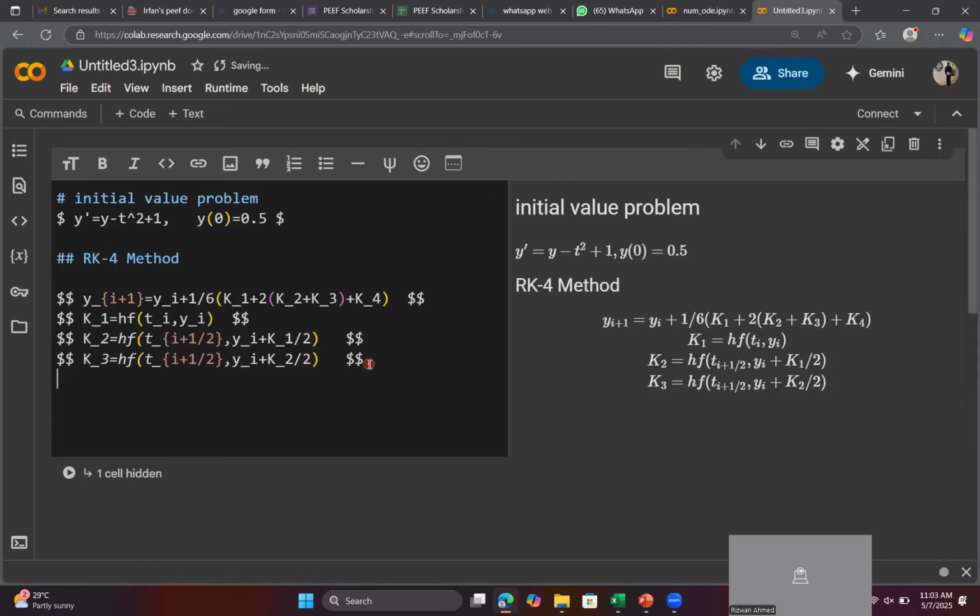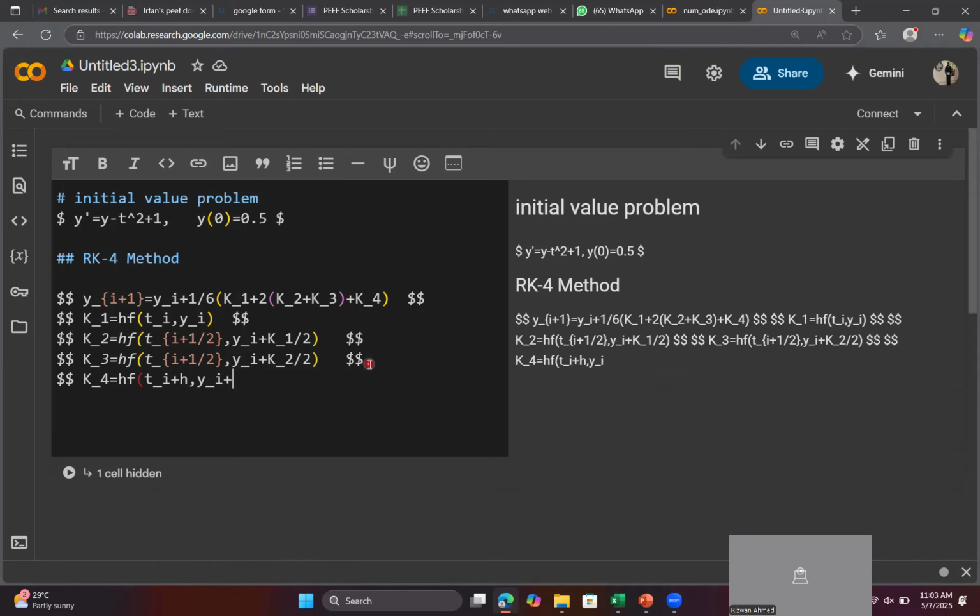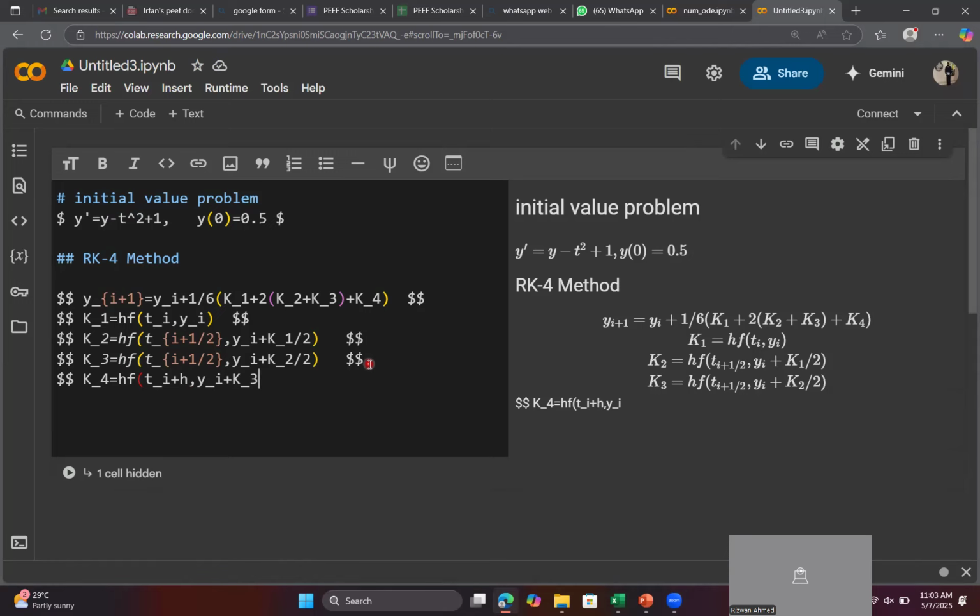The last one is k4. It is computed as an increment at i plus 1, which is t i plus h and y i plus k3.